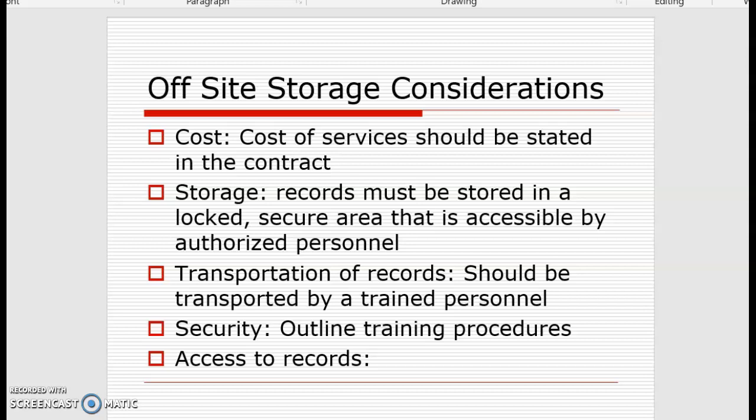Are they going to know if the back was open and the records start flying everywhere, what's going to happen? Security, you want to outline the training procedures. Again, you do not want your medical records being at a place that isn't secure, that anybody can get at them.